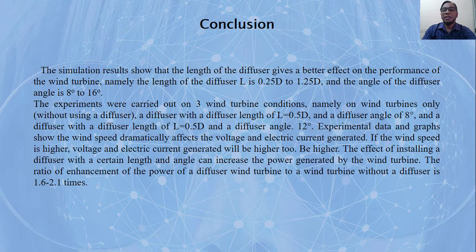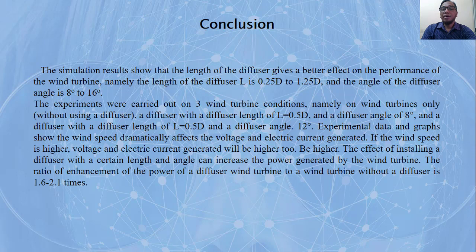The experiment data graph shows the wind speed dramatically affects the voltage and the electric current generated. If the wind speed is higher, the voltage and the electric current generated will be higher too.